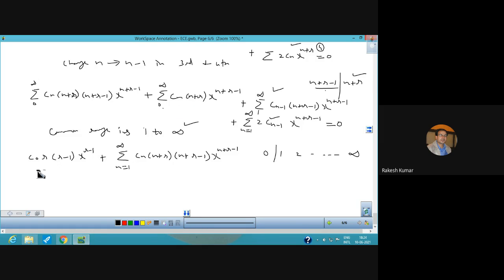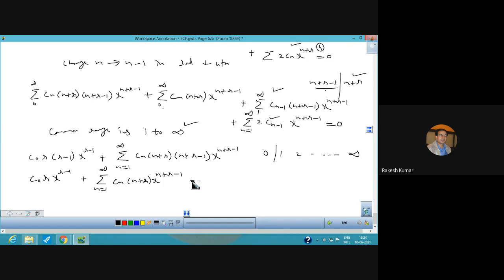Similarly, put n equal to 0 here, you will have C0 r x raised to power r minus 1 plus n 1 to infinity के लिए, so this is n 1 to infinity, that is Cn plus r, and x raised to power n plus r minus 1.